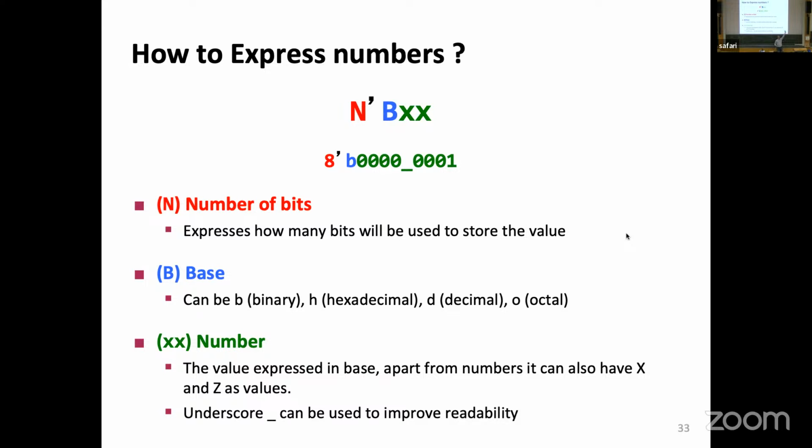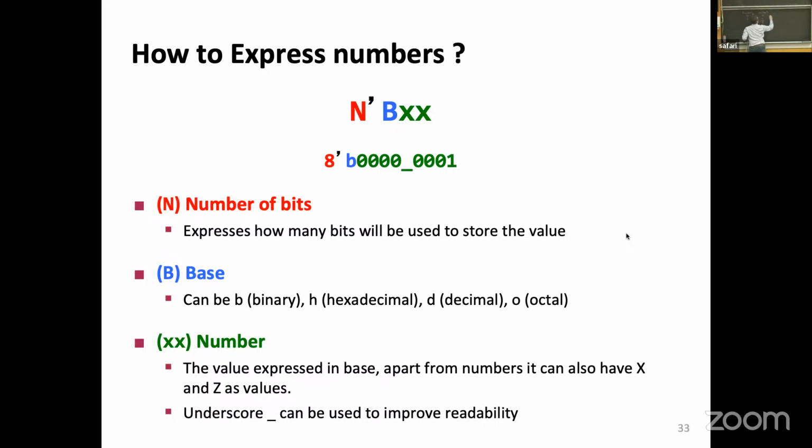Who knows octal? Chmod 777, okay. Octal, for those of you, we didn't mention it, so you can take bits in groups. Binary is 0 and 1. Octal goes 0, 1, 2, 3, 4, 5, 6, 7.